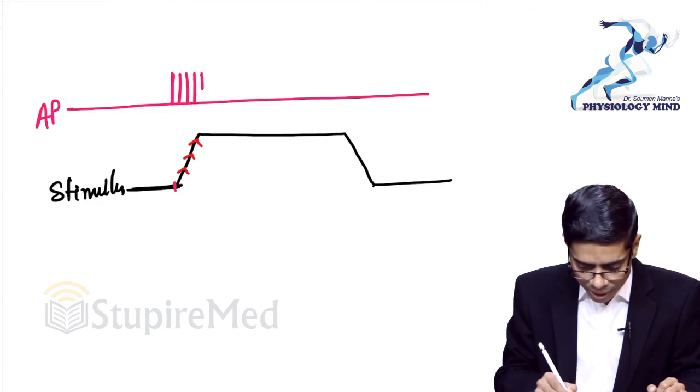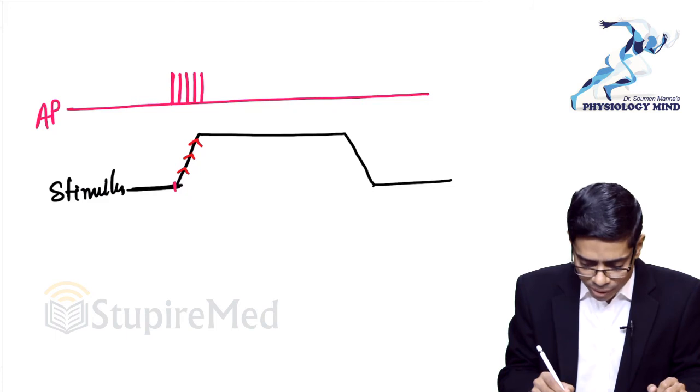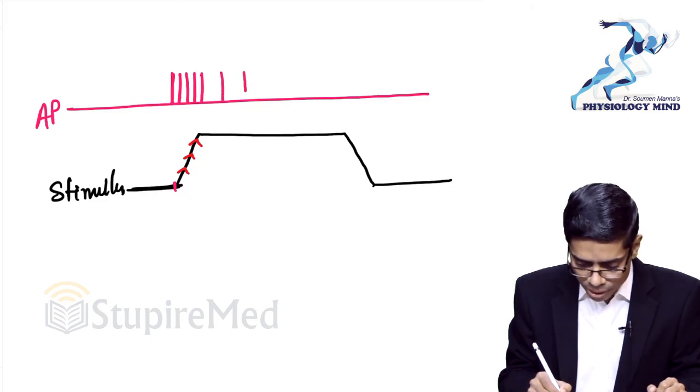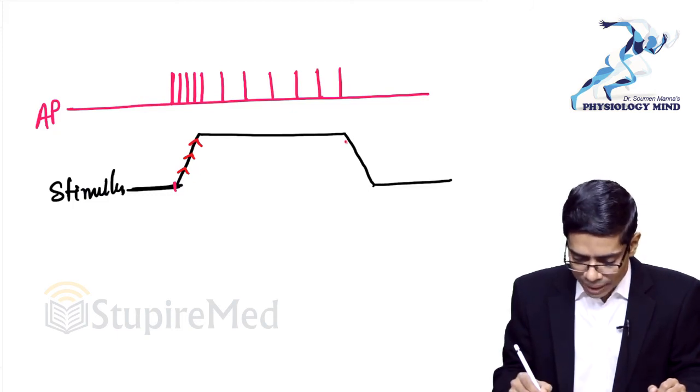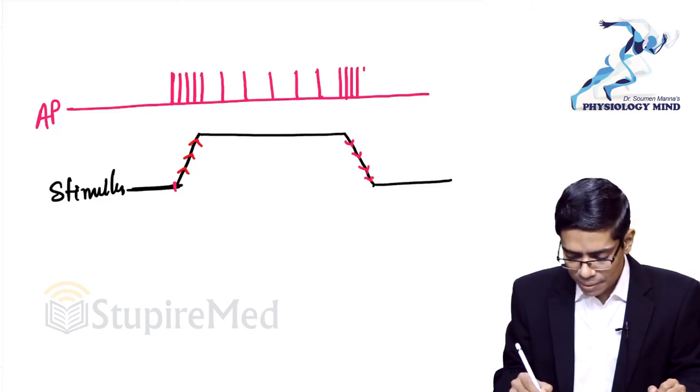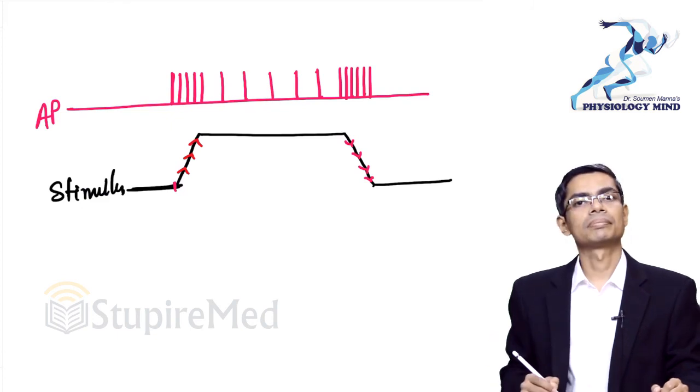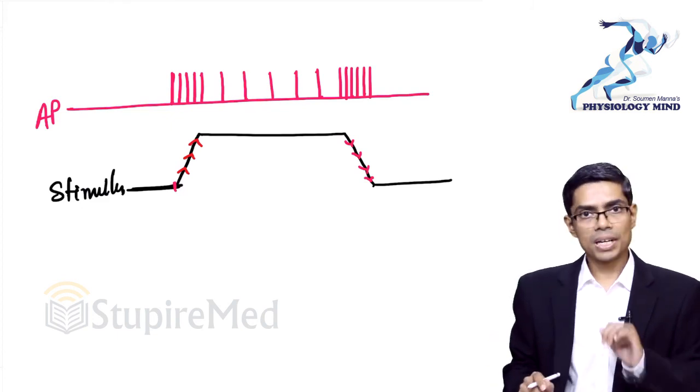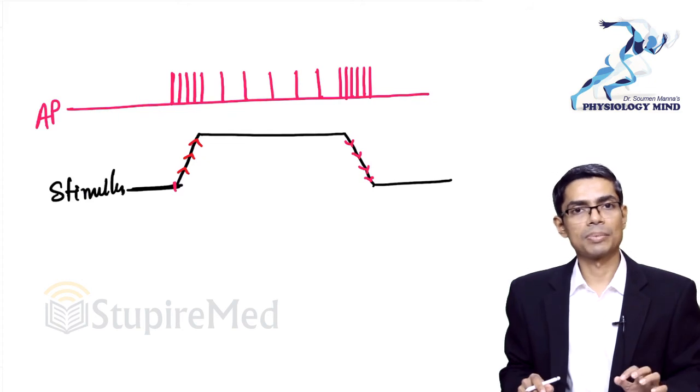Now when you are holding the stimulus for a long duration, the action potential frequency decreases. Now when you change the strength of stimulus again, the action potential frequency rises again. This is one diagram. Your task: think which kind of receptor this is.